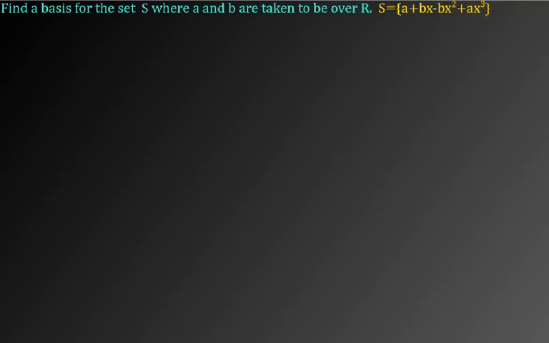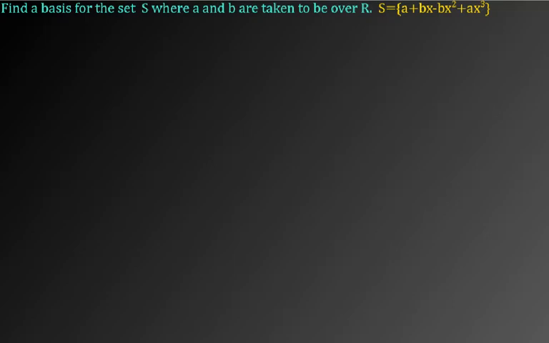So we need to be able to solve problems like this one, where I'm giving you a set S, and a and b in here are just real numbers. This is some polynomial abstract vector space, and we want a basis for this space.